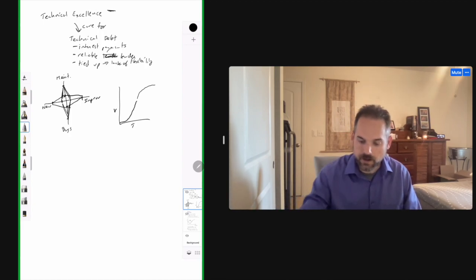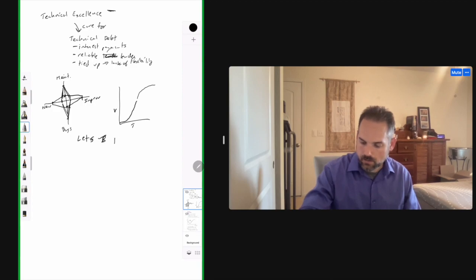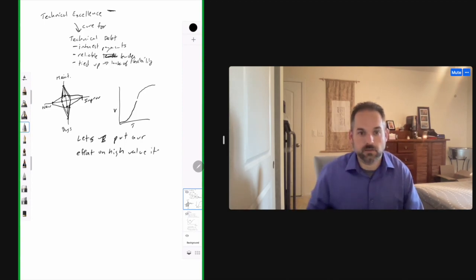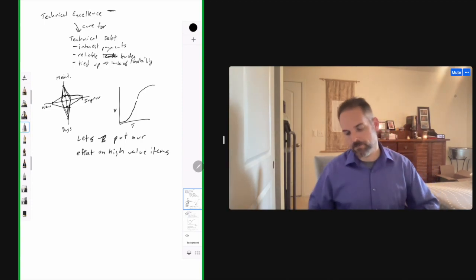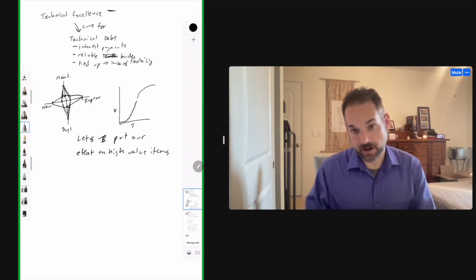So the first value of technical excellence is it lets us put our effort on high value items. Sorry, I know there's a little bit of lag on the screen here. So there's my first benefit.